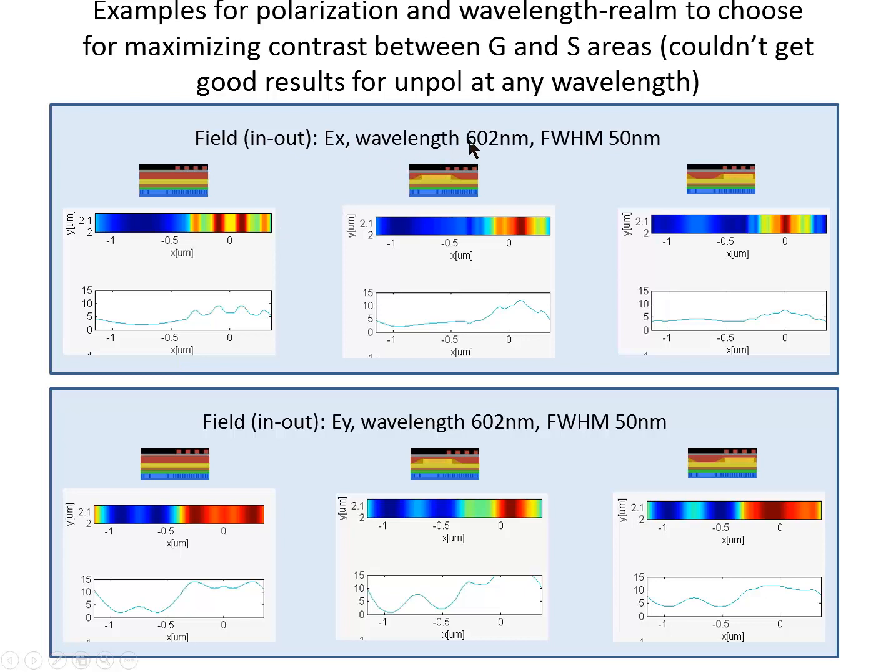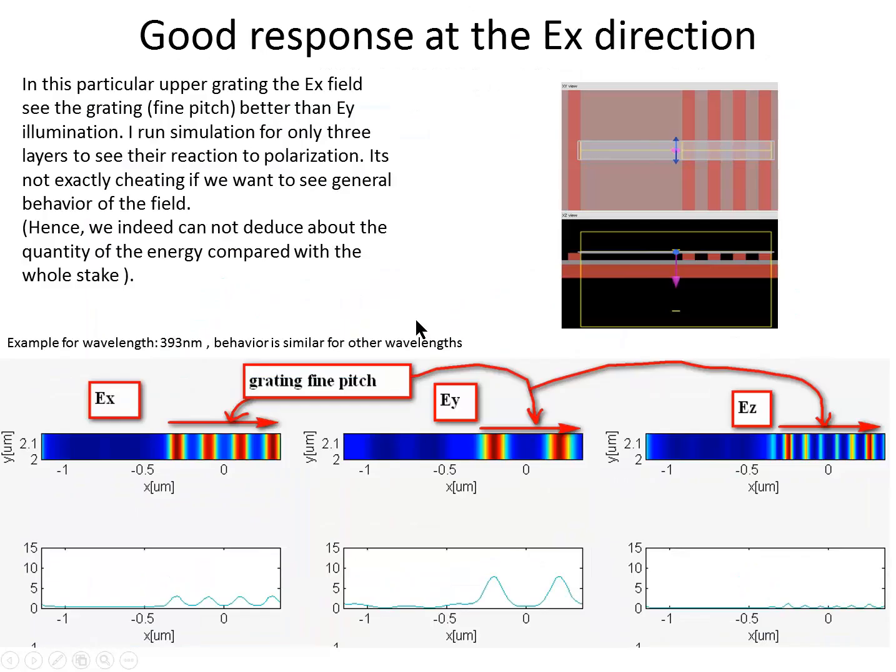For example, here I choose 602 nanometers at a full width half maximum of 50 nanometers, and you can see here that the contrast is kept pretty well. Of course, sometimes you'll find better solutions, but here the EX is much more sensitive, or can produce good results for good contrast between S and G.